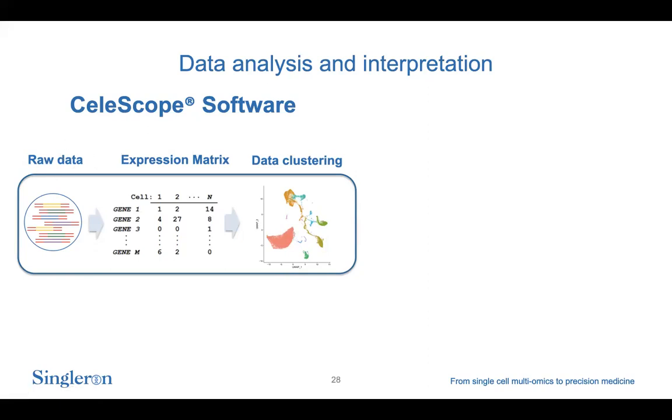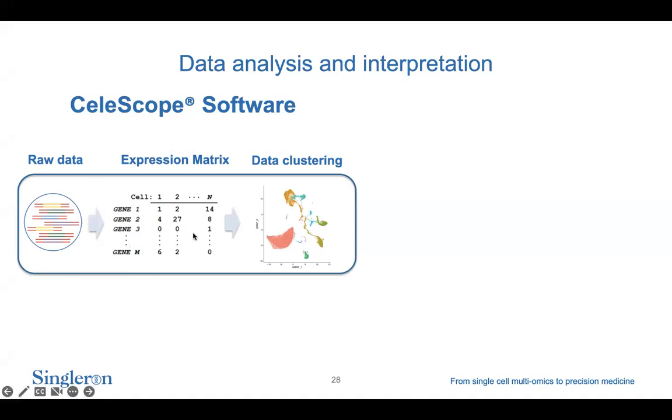As a result, you get the expression matrix. Basically, you get a file that tells you the gene expression for every single protein-encoding gene. This might be up to 20,000 different genes in humans for every single cell that was processed in your experiment. As I already mentioned, in one experiment, you can process up to 30,000 cells.